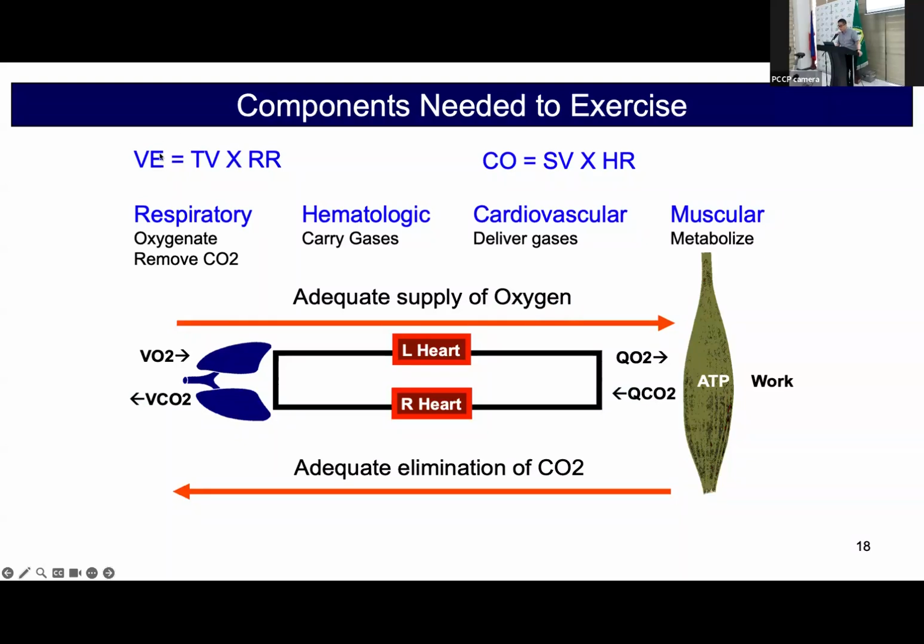So basically, during exercise, we increase our minute ventilation, both the tidal volume and respiratory rate, and we increase our cardiac output, both our stroke volume and heart rate. We just analyze the changes in these parameters, and that's how we interpret the cause of the shortness of breath of the patient during exercise.